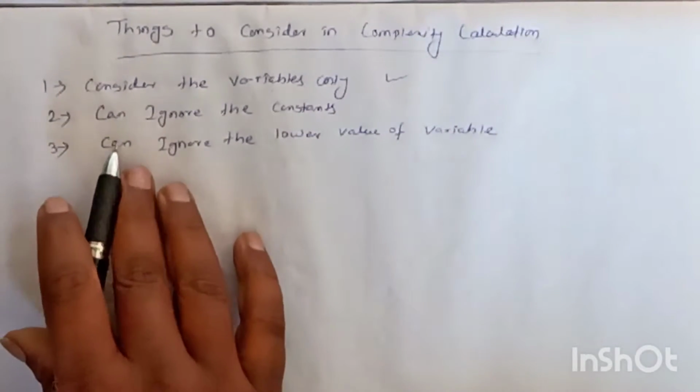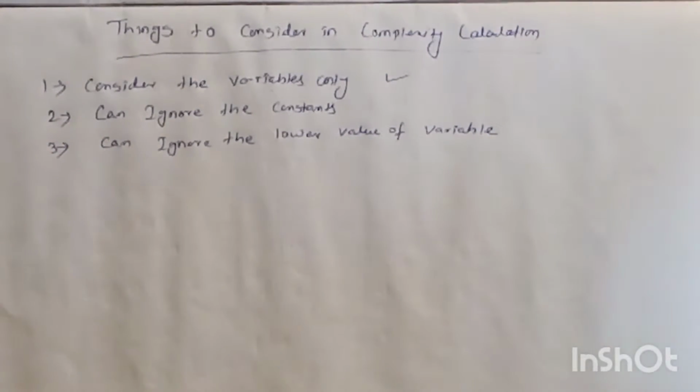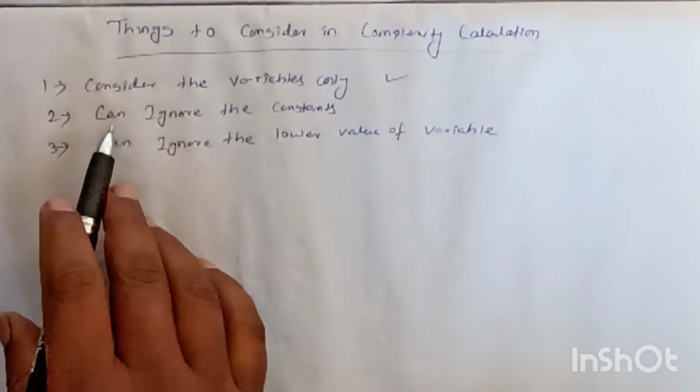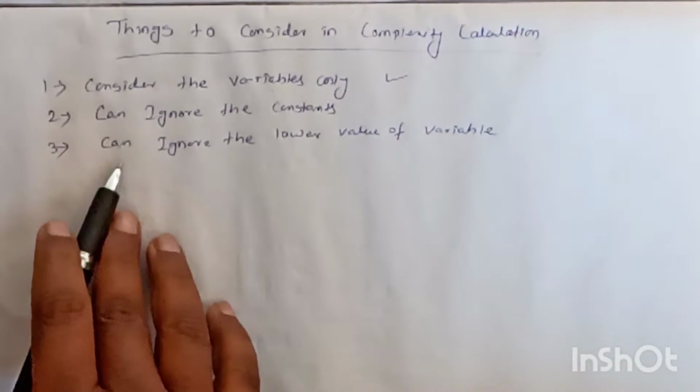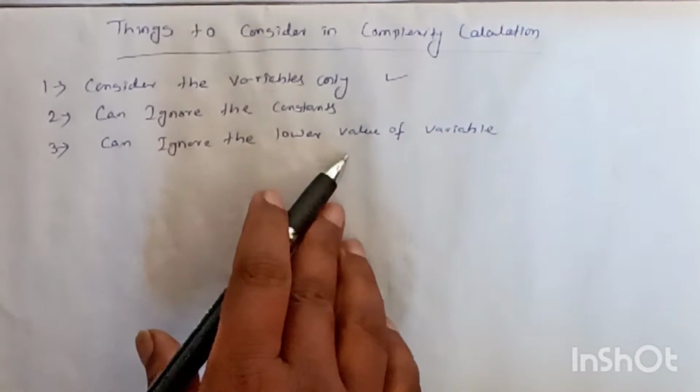Then the second one is, you can ignore the constants. Whenever you find a mixed expression where there are variables and constants, you can ignore the constants and consider the variables. Third is, you can ignore the lower value of a variable.